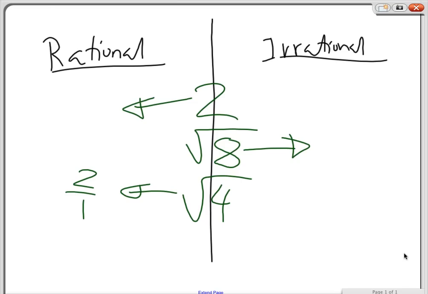Is that a fraction? Because you said yes, I can write it as a fraction, therefore it's automatically on the rational side. The square root is rational if it's a perfect square. Any perfect square number is automatically rational. Any number that's not a perfect square is automatically irrational. Does that make sense?